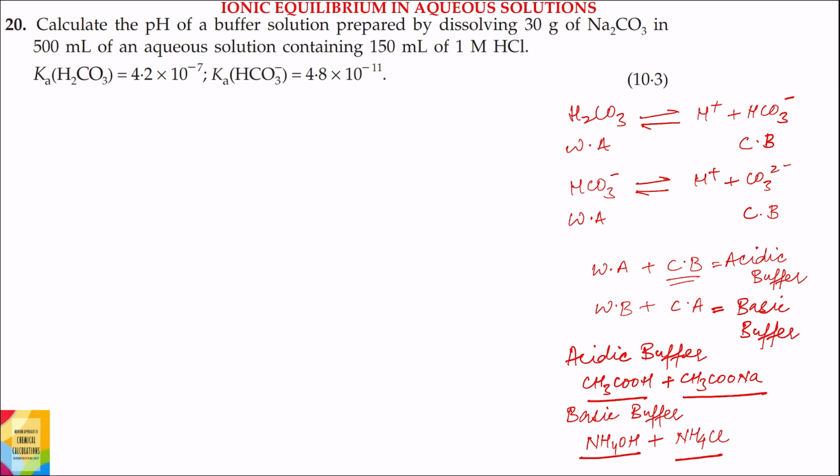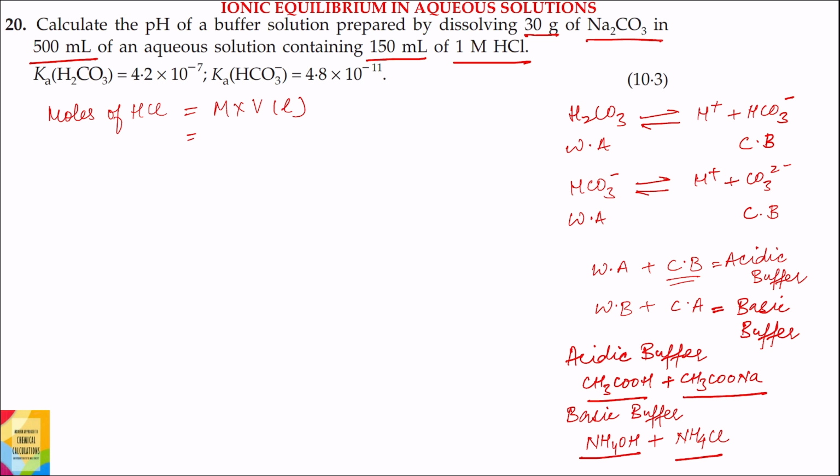Now in this question, 30 gram of Na2CO3 is present in 500 ml of a solution, and this solution already contains HCl whose molarity is 1 M, and this HCl solution is prepared in 150 ml of water. Moles of HCl will be equal to molarity into volume in liters.